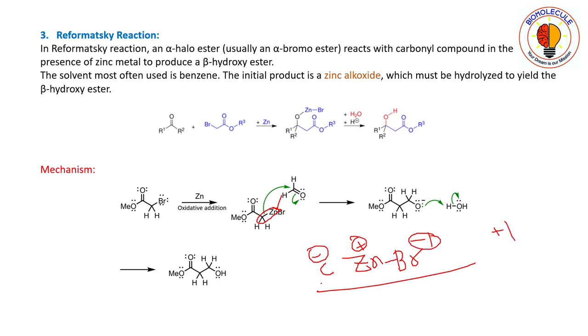But this carbon is not fully a carbanion. Although it is more electronegative than zinc, it will not take all of the bonded pair, all of the electrons of the bond, and become a negative ion.